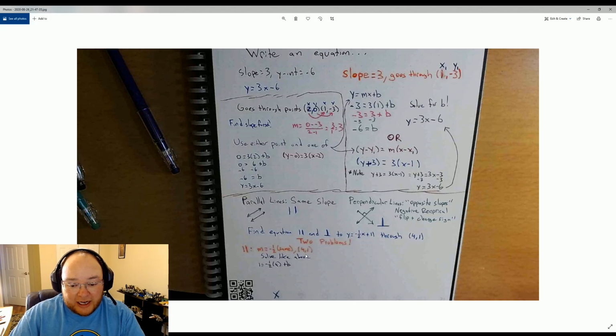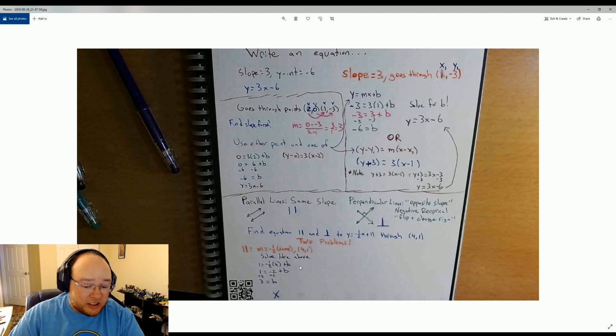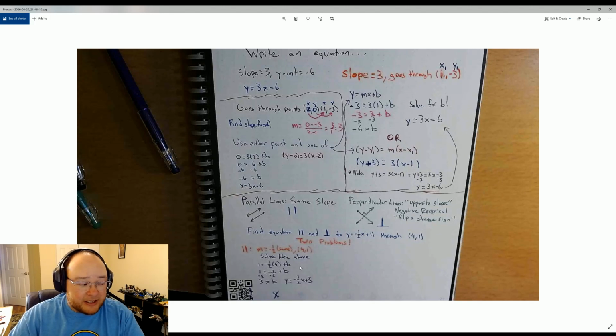We know y is 1 because it's the second point, equals -1/2 because that's what slope was, 4 because that's what x was, plus b. -1/2 times 4 is -2, so I'm going to add 2 to both sides and you get b equals 3. And then you just plug it into your y equals mx plus b formula, and you get y equals -1/2 x plus 3.